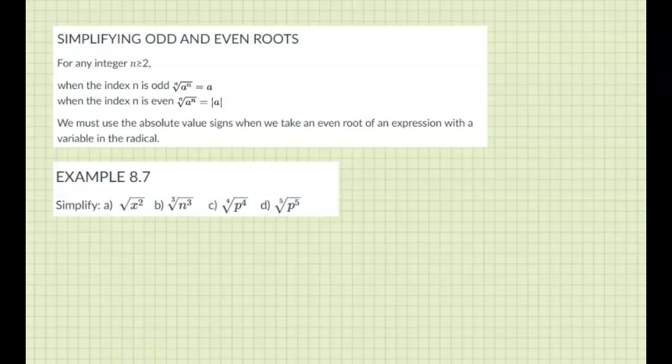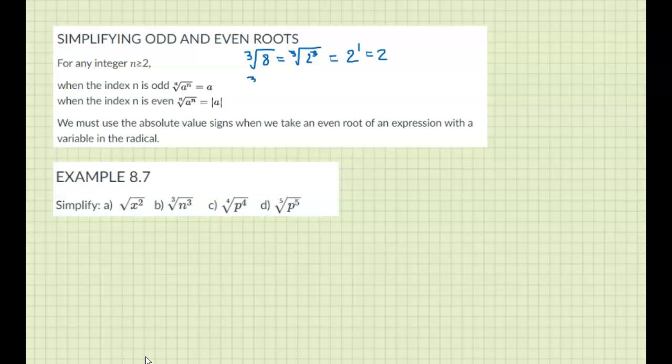Okay, so let me give a reasoning of why the absolute value is there. For example, let's say we take the cube root of 8. This means cube root of 2 to the 3, and cube root of 8 is just 2. So notice this cancels with that. You divide 3 by 3, you get 1, so you just get 2 to the 1, which is 2.